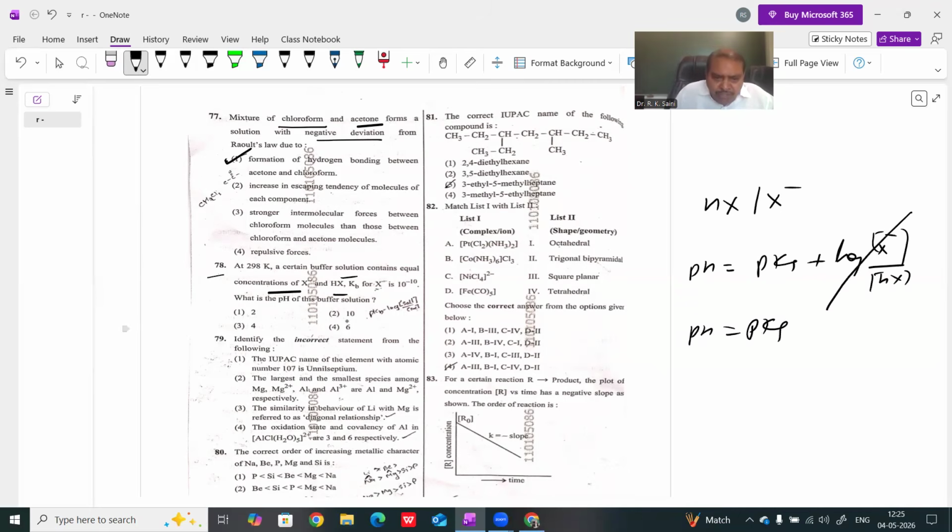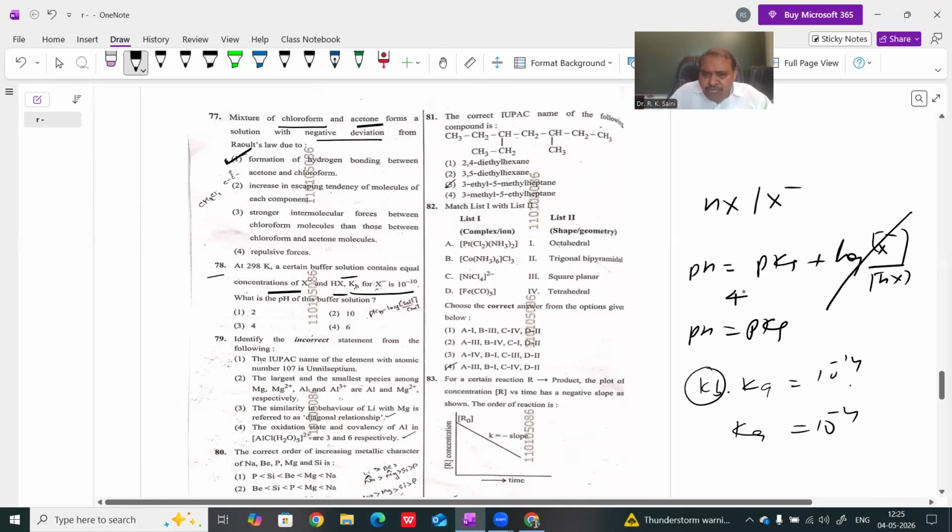Now notice the important point: the Kb of X negative is given, and we know that Ka into Kb equals Kw, which is 10 to the power minus 14. Hence the Ka of the acid is 10 to the power minus 4, because the Kb given is 10 to the power minus 10. Therefore, the pH of the solution is 4, the minus log is 4.